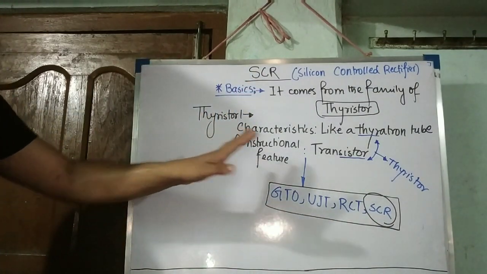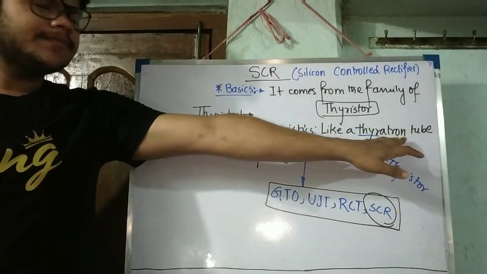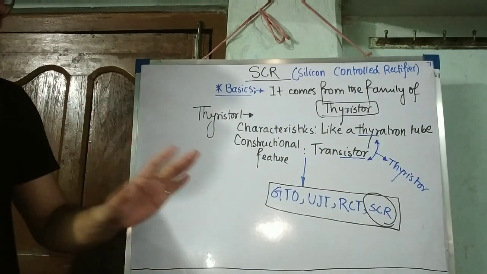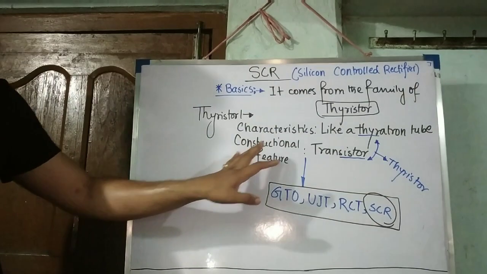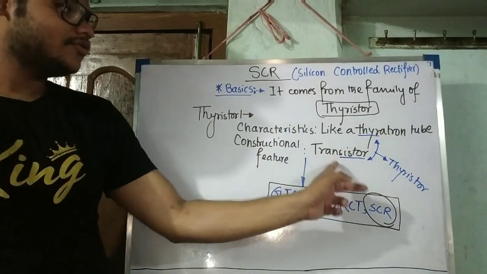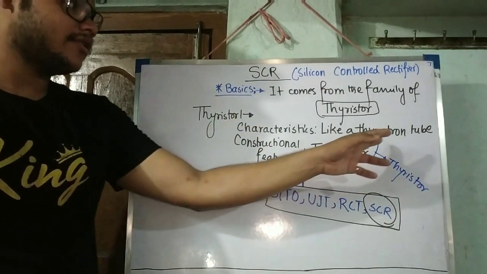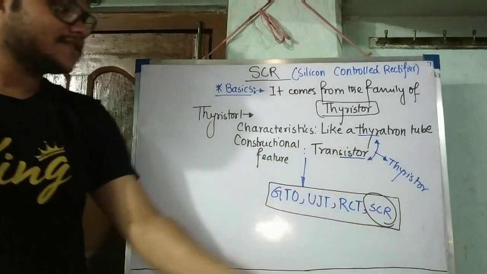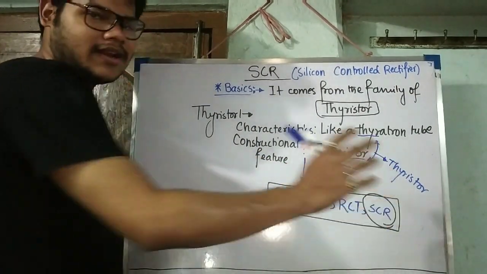The thyristor has the characteristics like a thyratron tube. You do not need to go deep into the thyratron tube, it is not needed for your GATE and AC. And the constructional feature is like your transistor. It is constructed similar to a transistor and resembles the characteristics of a thyratron tube. That's why these are called thyristors. The thyristor family consists of GTO, UJT, RCT, SCR and many more.